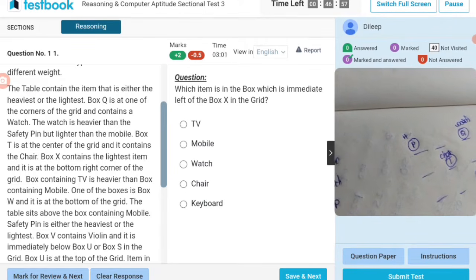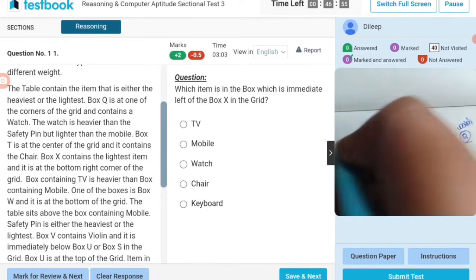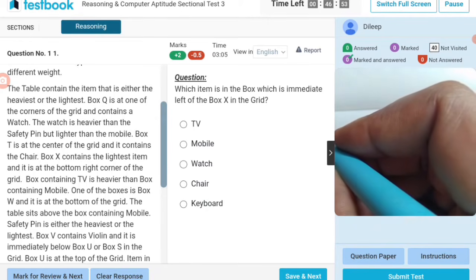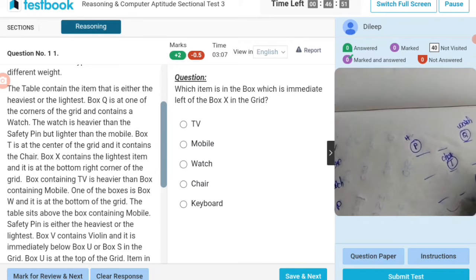TV is heavier than the box containing mobile. One of the boxes is W and it is at the bottom of the grid. The table sits above the box containing mobile. Safety pin is either heaviest or the lightest.